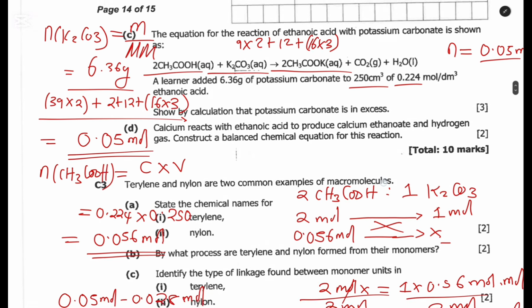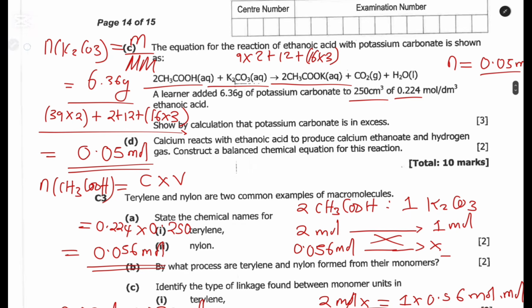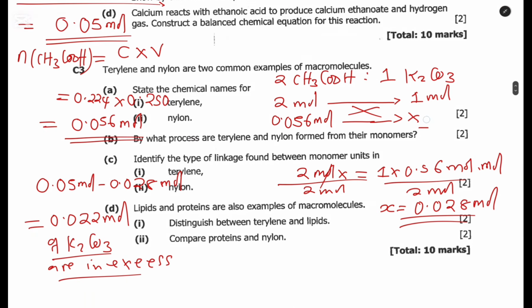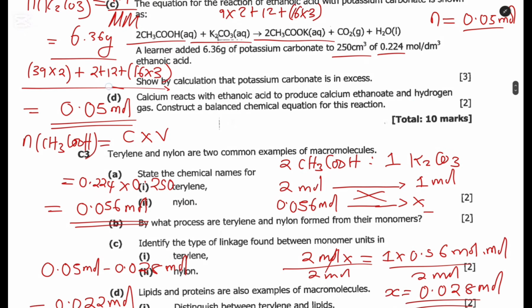So the first thing, we started by finding the number of moles of both potassium carbonate and ethanoic acid. After finding the number of moles, we found the number of moles of potassium carbonate that reacted with the 0.056 moles of ethanoic acid, and we found it to be 0.028. Now, if these are the number of moles that reacted, what about those that did not react? The actual number of moles of potassium carbonate is 0.05 mole.